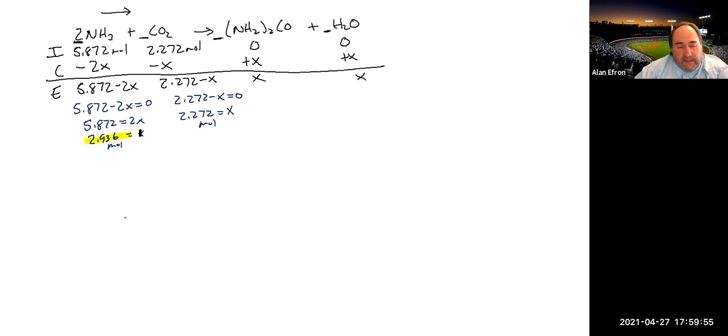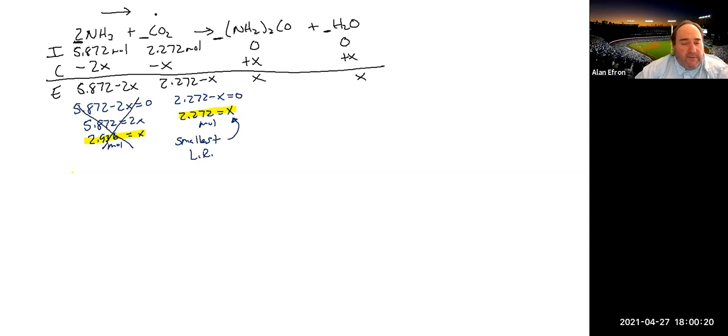In this particular case, we're looking in comparison of the 2 x values that we just got. So we're looking at this x value versus this x value. And the one we're looking for in our case is the one that is the smallest. And in comparison, this guy here is the smallest, which means this guy is going to be our limiting reagent. Also means that we don't necessarily need this part anymore.